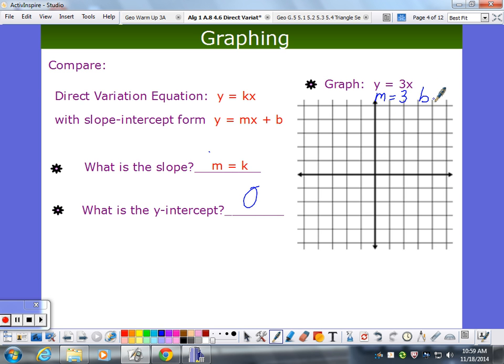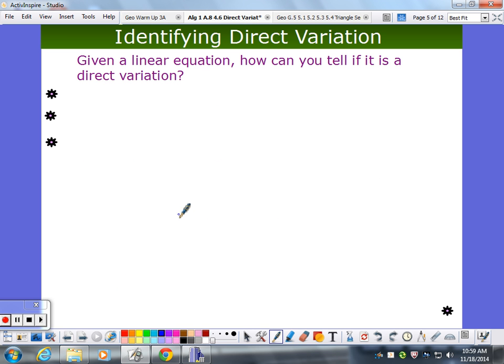What's the y-intercept? 0. Danny made that observation: it's going to go through 0. The slope is 3 over 1, so I go up 3, right 1. I'm running out of space, so I can also go down 3, left 1. Here's what a direct variation looks like when you graph it: a line that goes through 0, the origin.